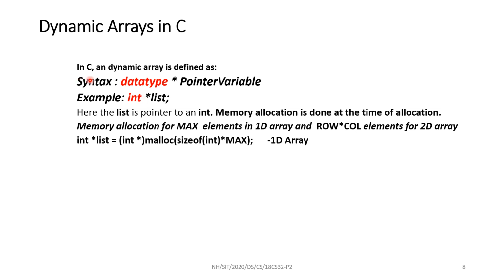Using the same concept of array, I can allocate the required number of memory locations. I can extend it, but to store some elements, I'm using the malloc function for the purpose of allocation.